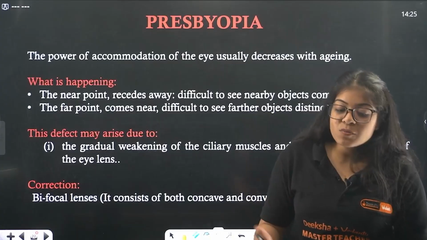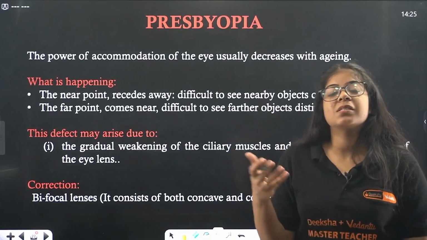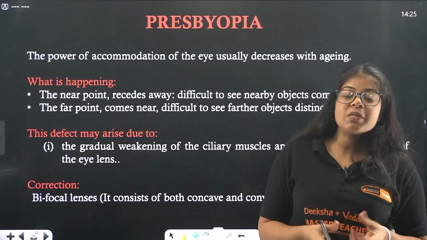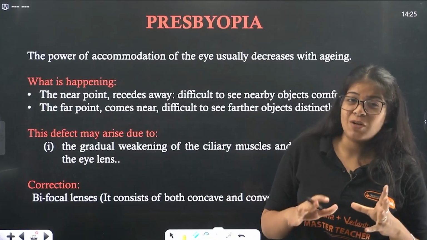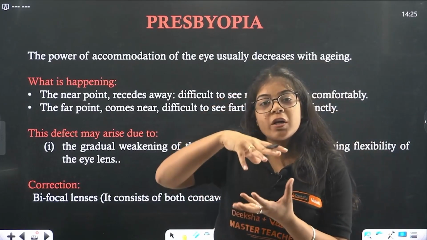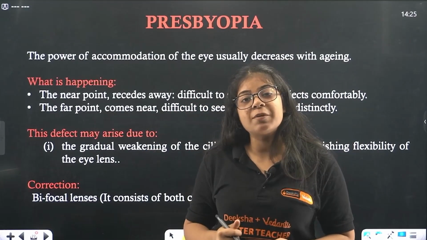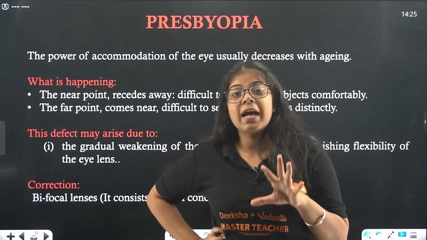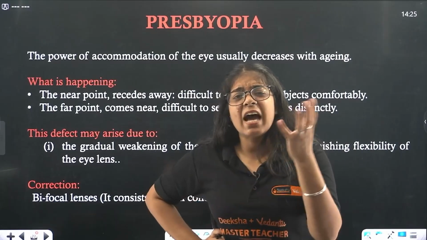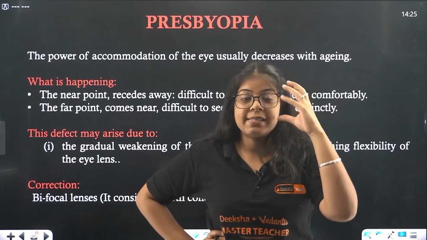So as we grow old, the ciliary muscles start to weaken, and these are the muscles that are holding my lens. So they will not be able to hold the lens with full efficiency. They will not be able to contract or relax the lens fully, right? In today's time, everybody is getting lenses and specs.